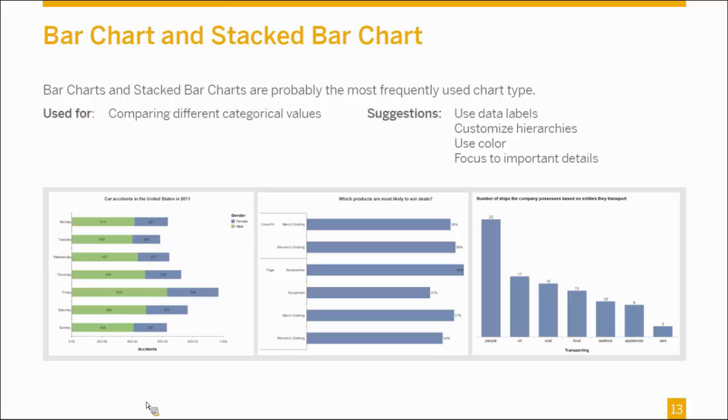Also to create customized hierarchies that help the user to see all these bars, all these categories belong to the yoga categories, and then the one on top belong to the CrossFit category. And then including color to emphasize certain aspects or certain categories. So for example, if you want to emphasize the equipment category, that would be an option to really highlight this bar in a different color.